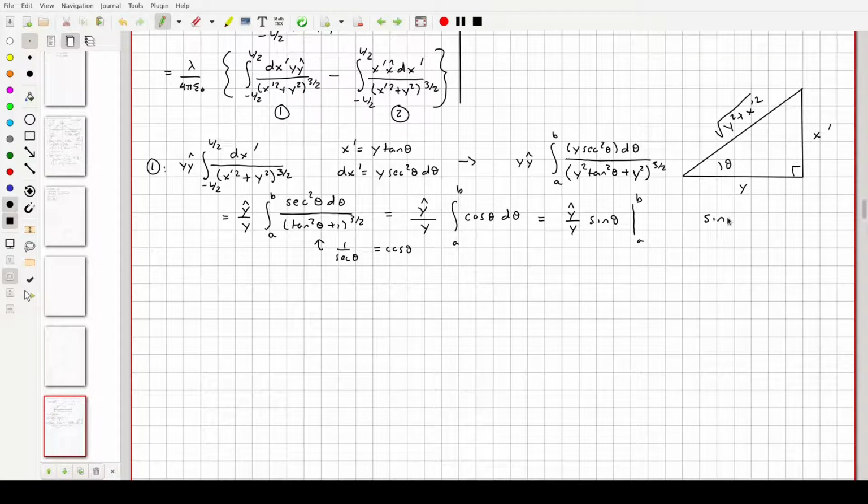Sine of theta is opposite over hypotenuse. The opposite side here is x prime, and the hypotenuse is the square root of x prime squared plus y squared, which means that this is what our integral gave us.